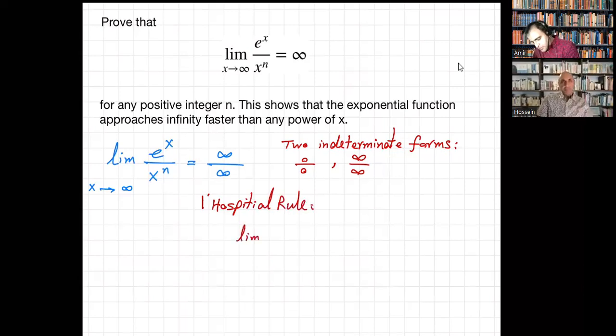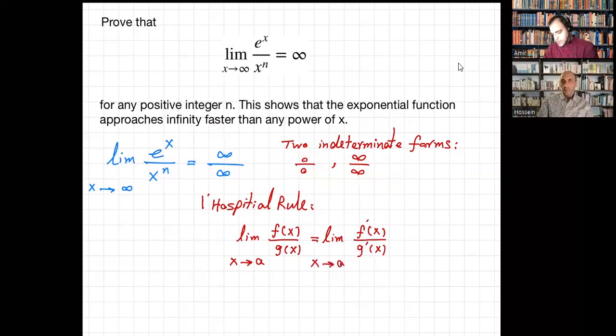When the limit of f of x over g of x, when x approaches a, any number or infinity in this case, gives one of these two forms, 0 over 0 or infinity over infinity, we can look at the differentiation of the numerator and denominator: f prime of x, where the prime is the derivative of f with respect to x, over g prime of x, when x approaches a.